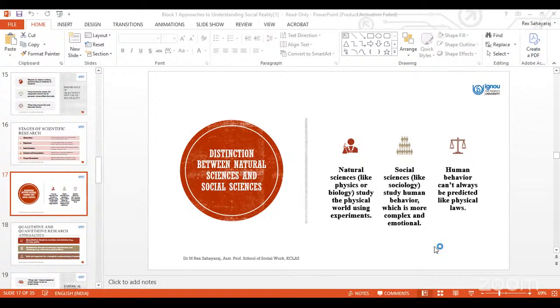Sir, I'm talking about time constraints when we make a research with regard to time constraint. Mr. Sanjeev, if you are going for quantitative, you need at least 30 to 40 samples minimum. What if qualitative?